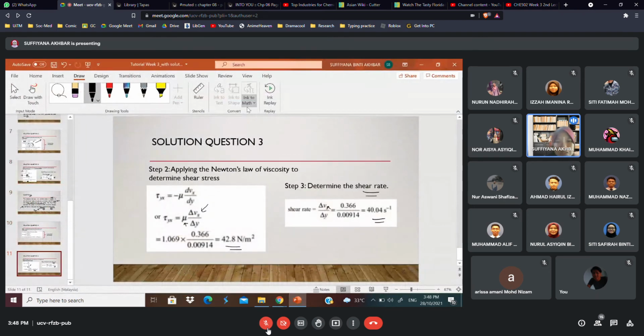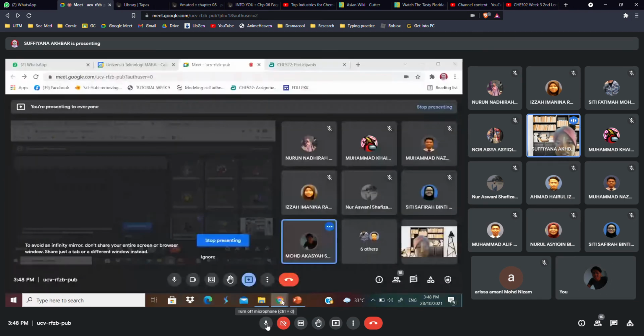Akasha, from the initial equation, which is tau yx equals negative mu dvx over dy, how does it become positive here? Kenapa? This is our basic equation, right? And why can it become positive from negative? What is the value of the velocity gradient?